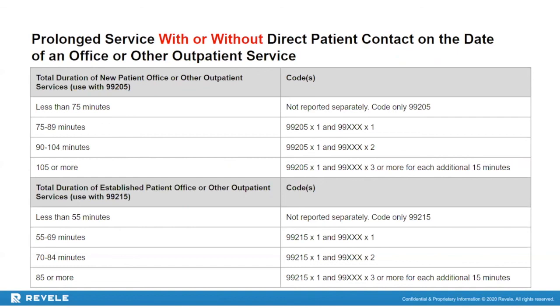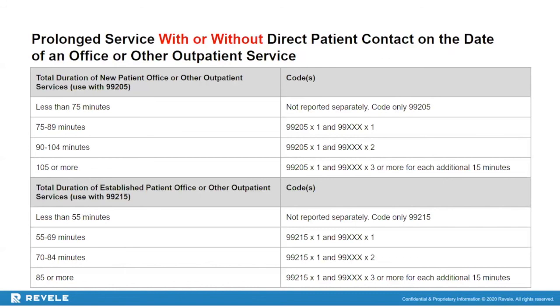For 90 to 104 minutes, you'll use the 99205 one time, and the 99XXX two times. For 105 or more minutes, you'll use 99205 one time, and the 99XXX three or more times for each additional 15 minutes.